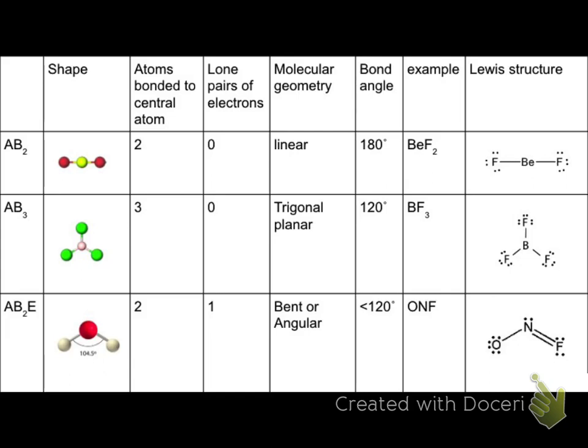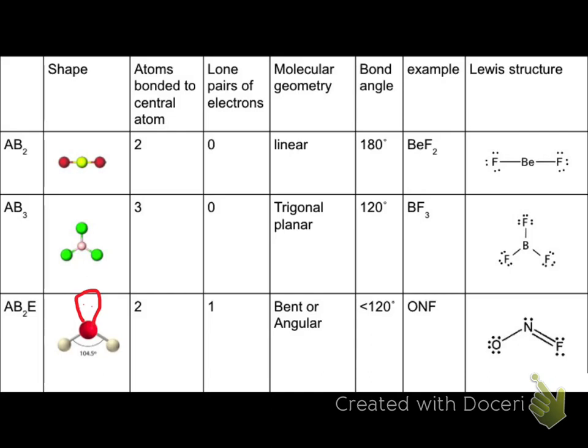But they're still there, and they're still going to apply forces to the atoms. So we only consider bonded atoms when we talk about the shape of a molecule, but where those lone pairs are still matters. So if I was going to draw the lone pair in, it would go up here. Okay, there'd be a lone pair of electrons there.